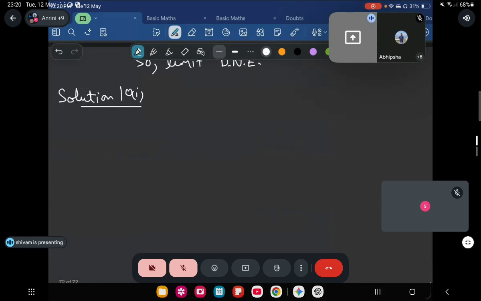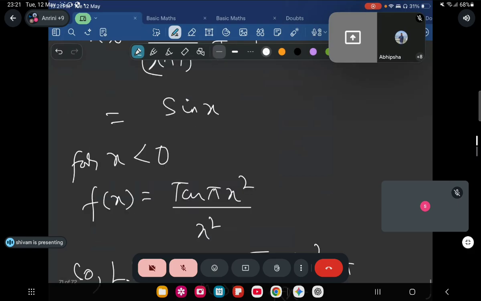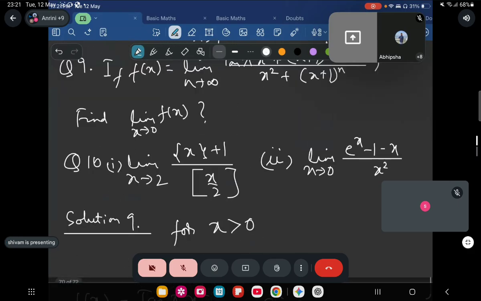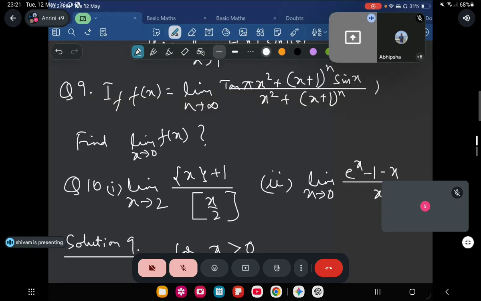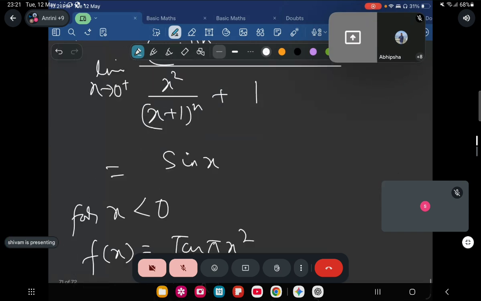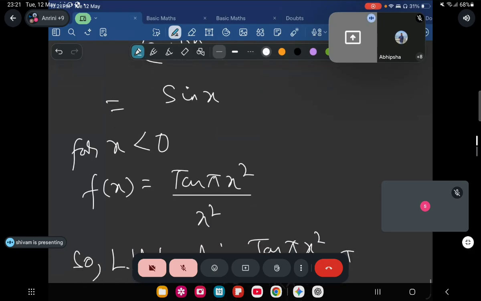Left hand limit at 2, LHL, limit x tends to 2 minus. For 2 minus, fractional part of x will be equal to 1. So you'll get 1 plus 1.